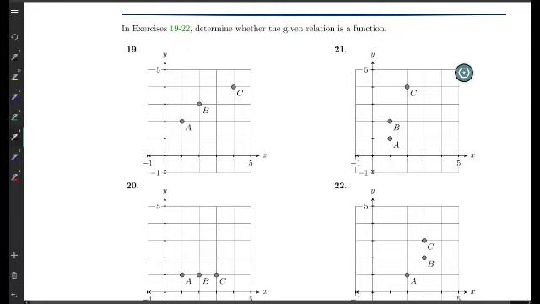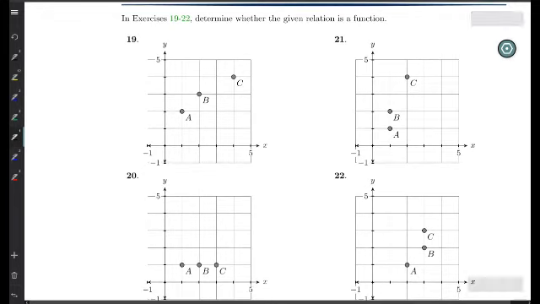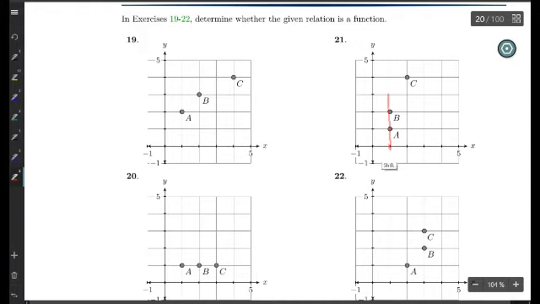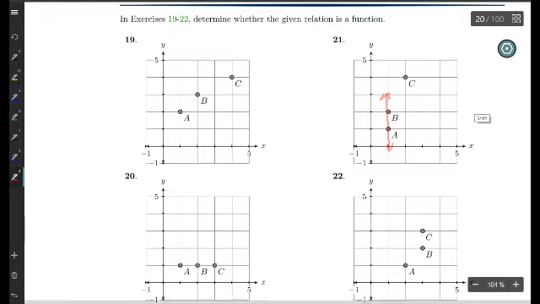Alright. Determine whether the given relation is a function. Well, notice here we have a vertical line through these points. And those points are 1, 1, and 1, 2.